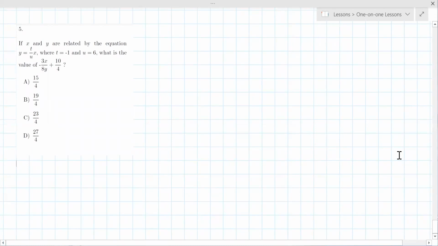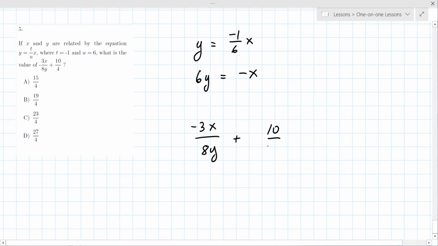So y equals -1 over 6. And then that's 6. Okay, and then so then 3x multiplied by 3, which is 18.